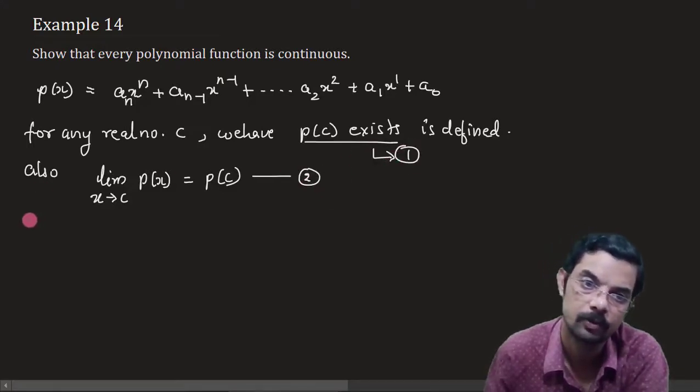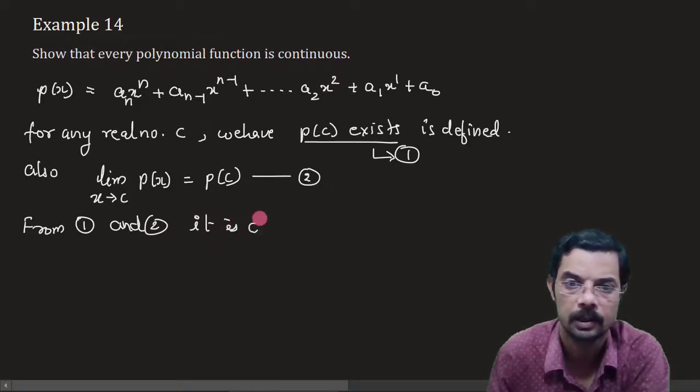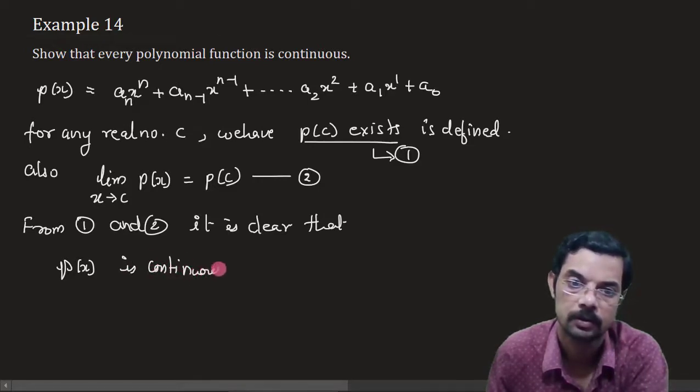So from 1 and 2, it is clear that p of x, or the polynomial function, is continuous for all real numbers.